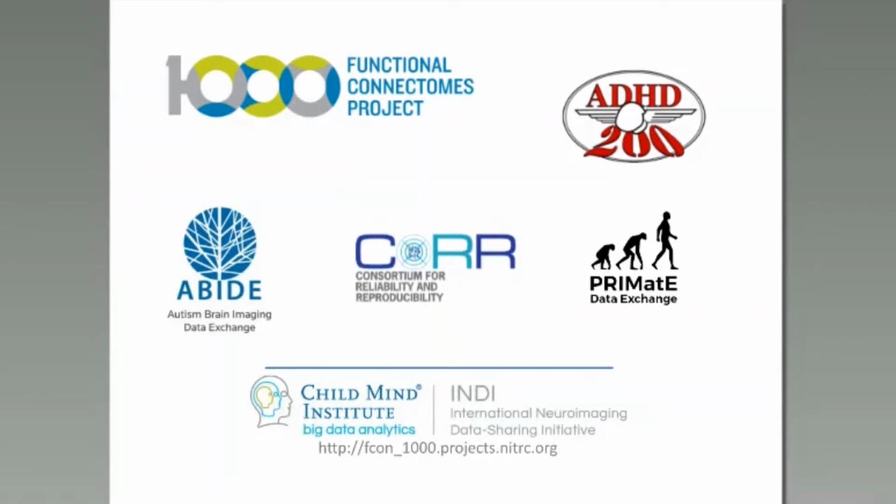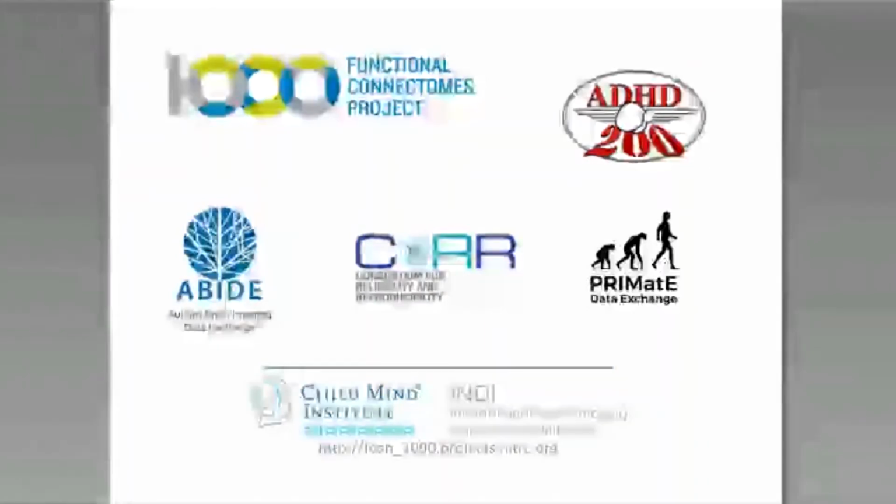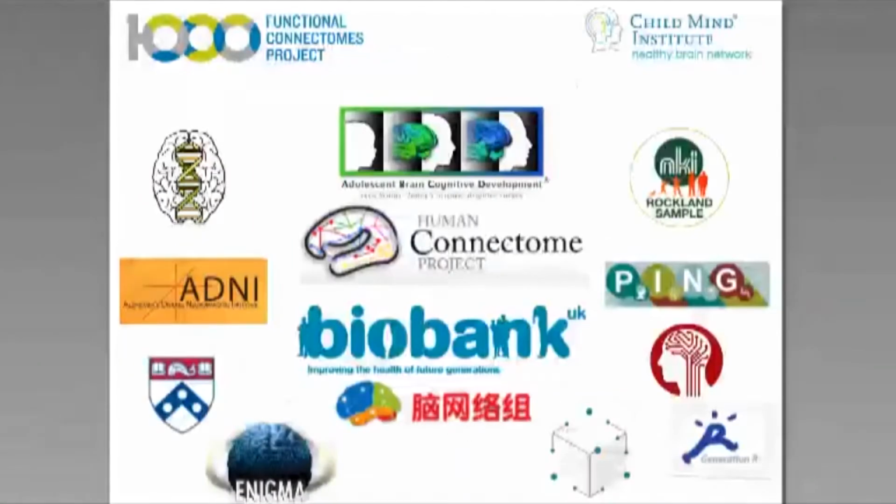These are all open data sharing initiatives, heavily focused on resting state fMRI and associated morphometry, and to a lesser degree fusion, connectivity, and some other modalities. But these initiatives alone have made available about 20,000 data sets.